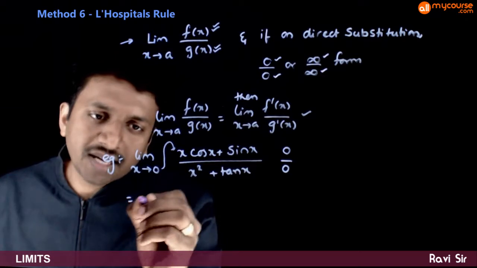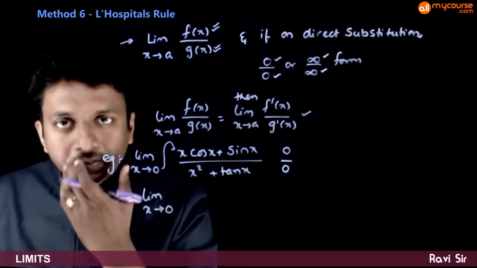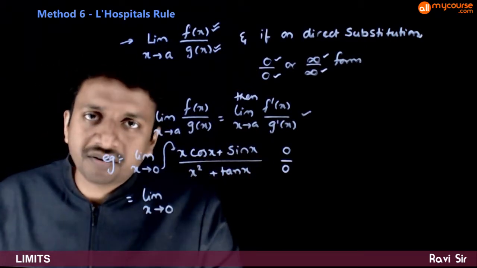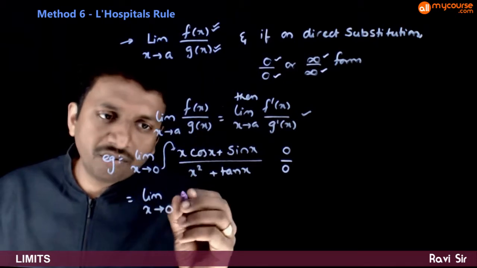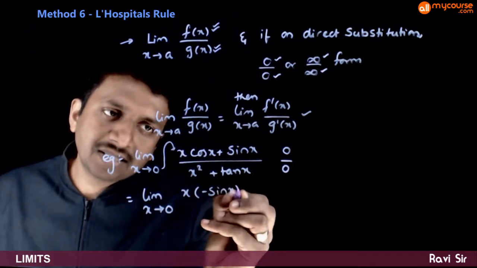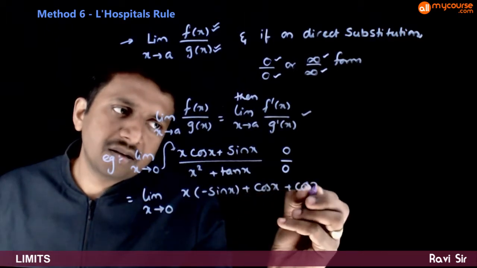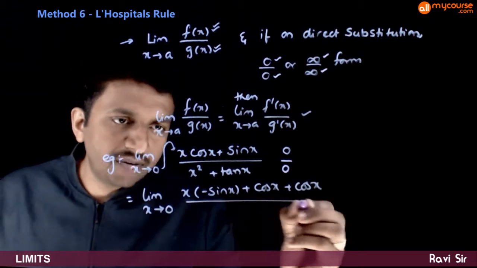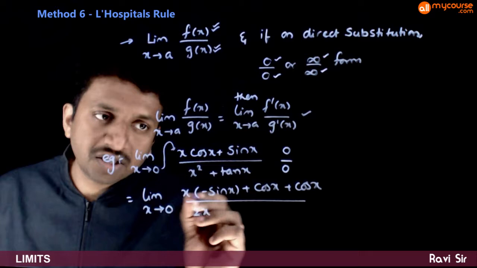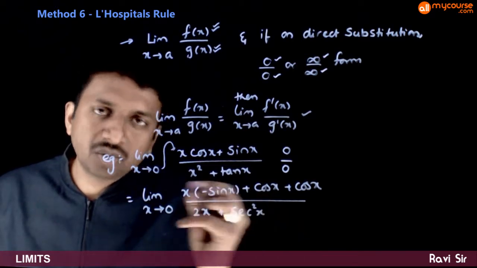I can write this limit as limit x tends to 0 of the differentiation of the numerator by the differentiation of the denominator. The differentiation of the numerator is x times minus sin x plus cos x plus cos x, divided by the differentiation of the denominator: x square's differentiation is 2x, tan x's differentiation is secant square x.